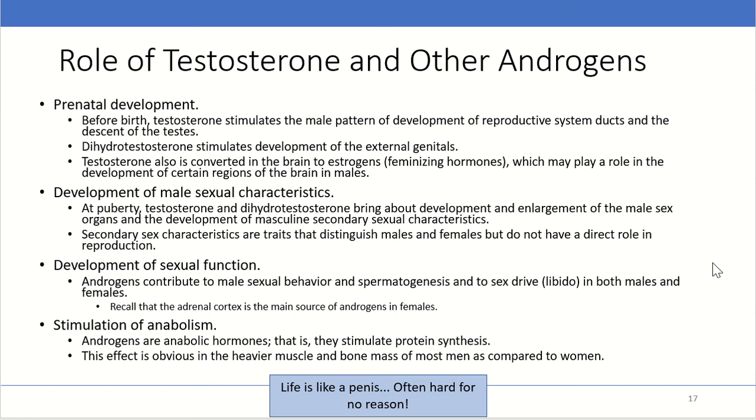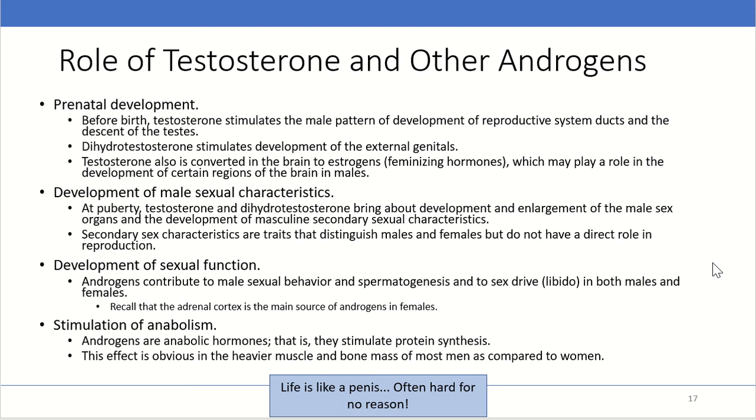The secondary sexual characteristics are things that are not directly related to reproduction, but are generally associated with being male or female, like a larger Adam's apple for males. Breasts are a secondary sexual characteristic for females. The secondary sex characteristics are basically traits that help to distinguish males and females, but like I said, don't play any direct role in reproduction.